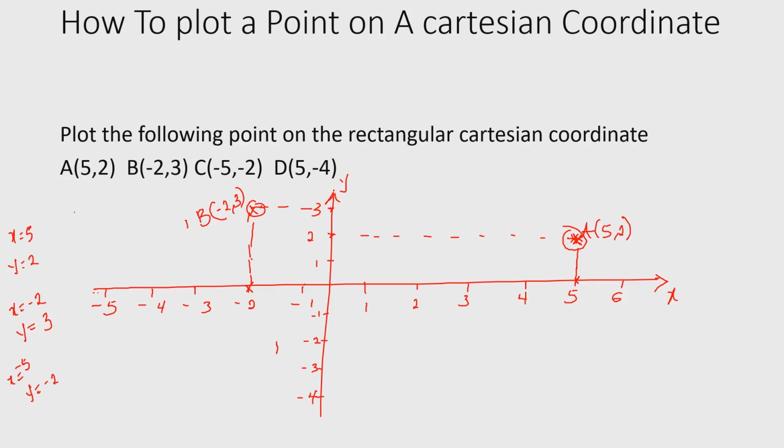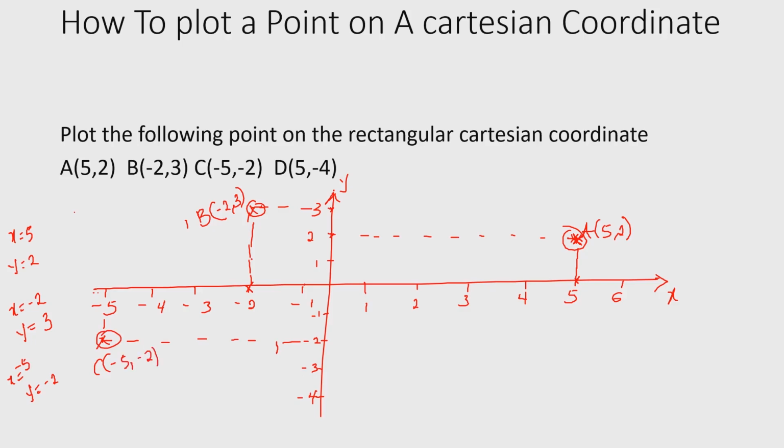So I'm going to locate minus 5 on the horizontal axis. So this is minus 5. Okay, locate it, and on the y-axis I'm going to locate minus 2. So this is minus 2 here. So I'll trace it to where it's going to meet with minus 5. So they are meeting here. So this is my point C, that is minus 5, minus 2.